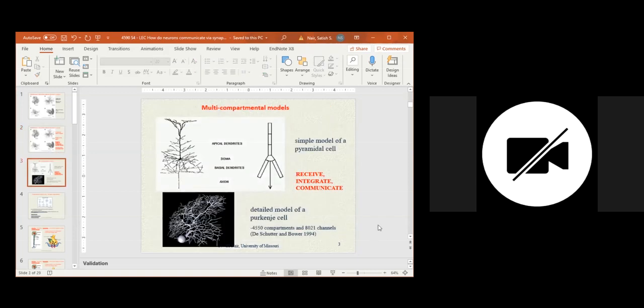So we need to consider multi-compartmental models of neurons. So far, we've considered only one or two compartments. A neuron like this is called a pyramidal neuron, has many compartments. So a soma would be here. These are apical dendrites. Remember, we are trying to capture these in models.